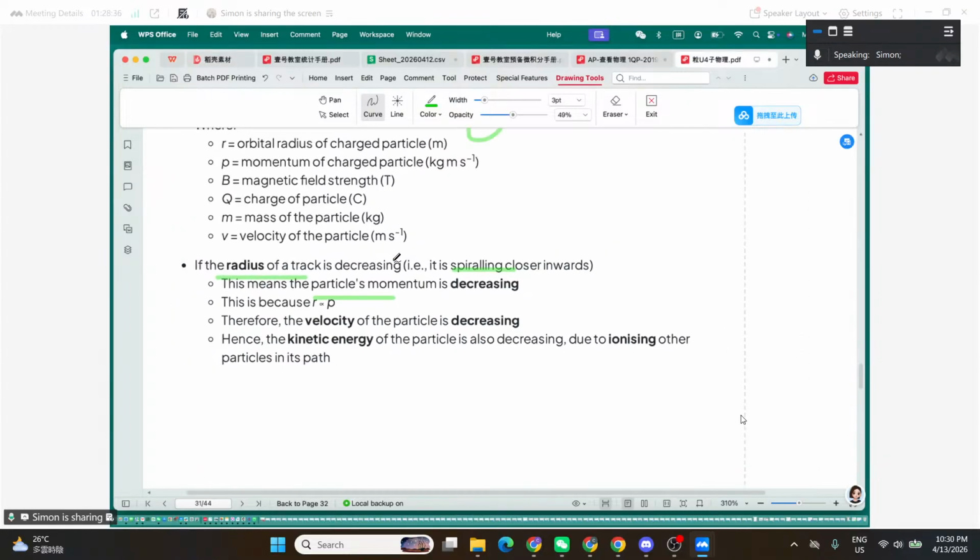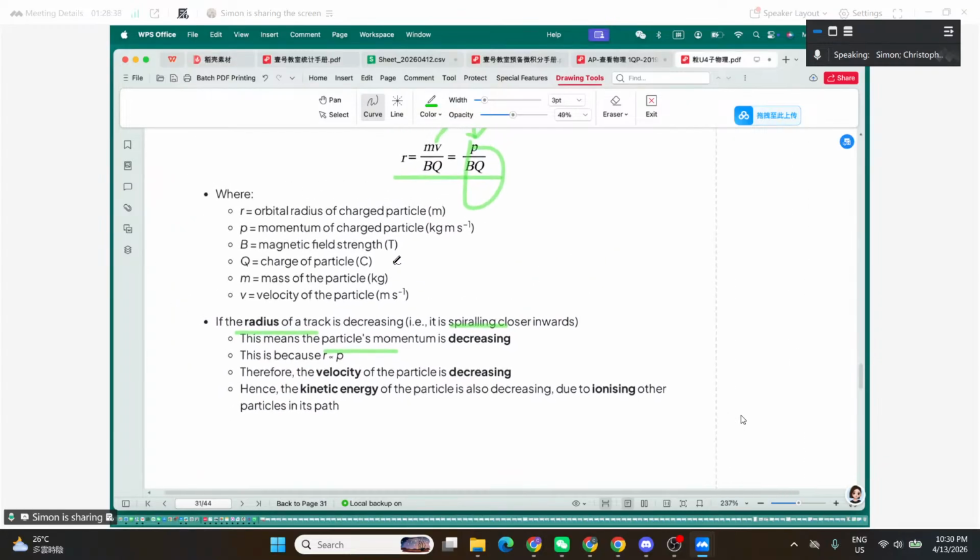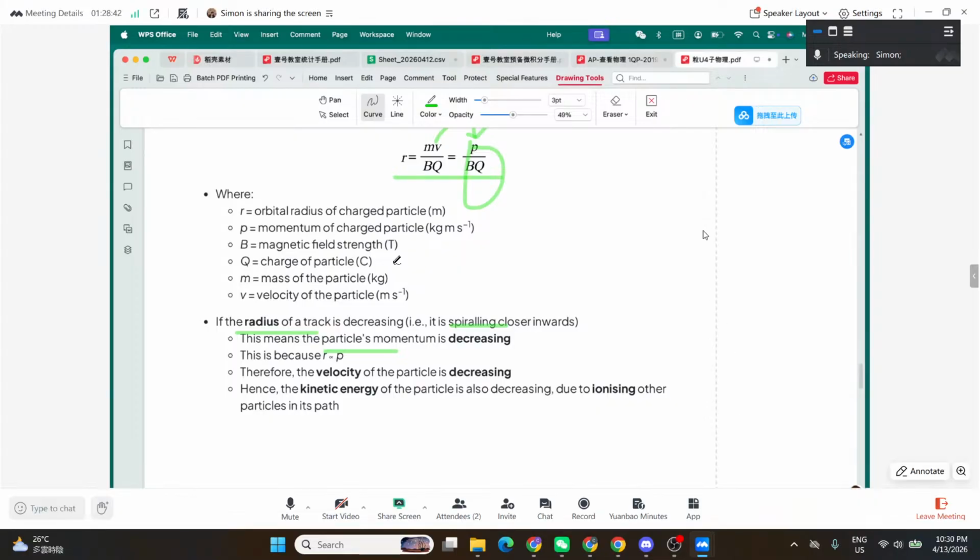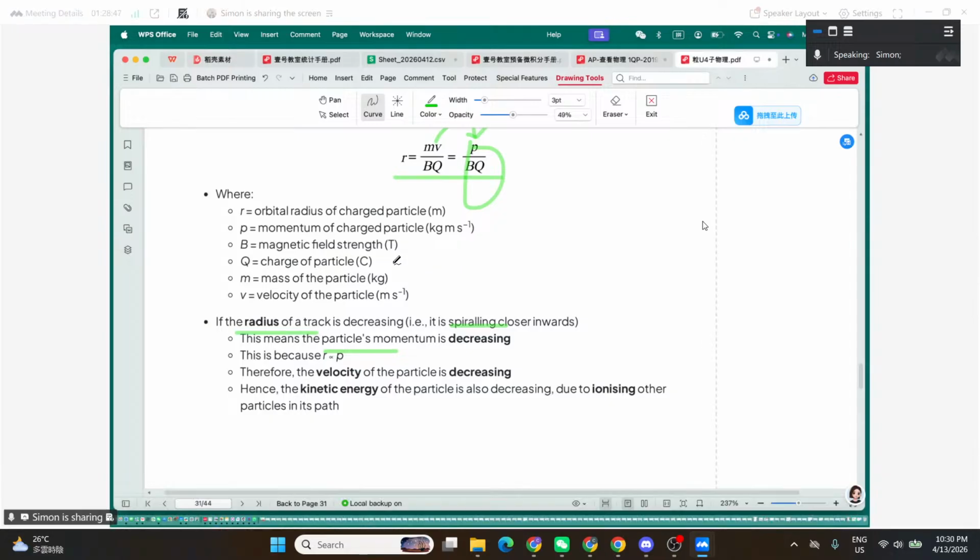Understand? If you have found the radius of the track is decreasing, like the phenomenon of a spiral closer inwards, this represents the particle's momentum is decreasing, because the radius is proportional to the momentum.